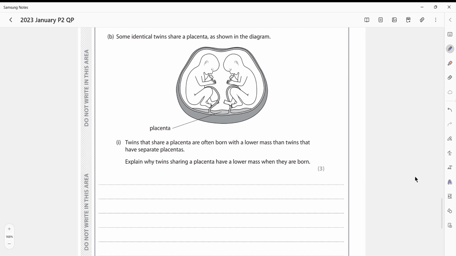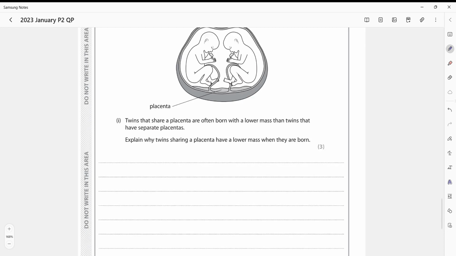Nutrients go from the mother to the fetuses, and metabolic waste like carbon dioxide goes from the fetus to the mother. If they are sharing a placenta, then they are sharing the nutrient supply coming from the mother. That means they are getting less oxygen and less glucose, which means less aerobic respiration, so less energy is being produced by these fetuses. Okay, let's write that down.